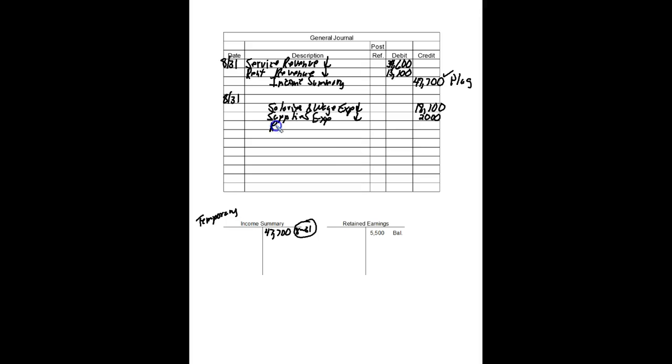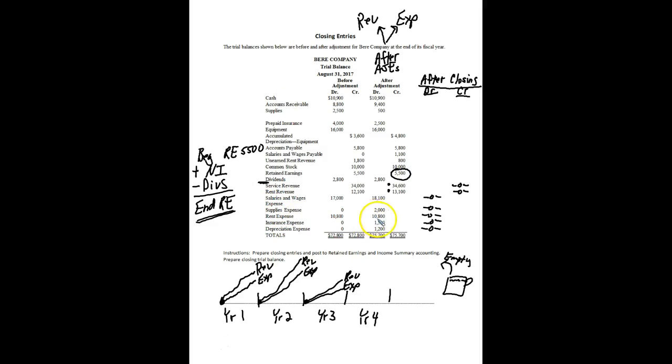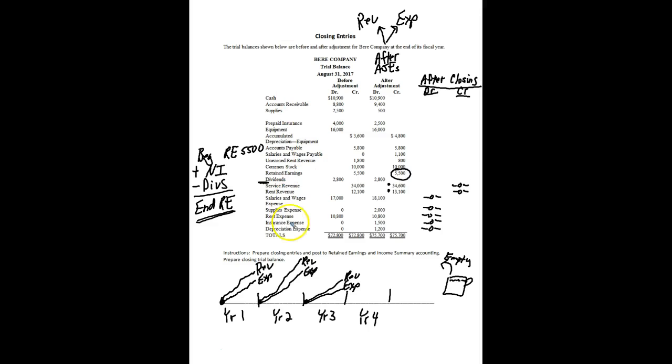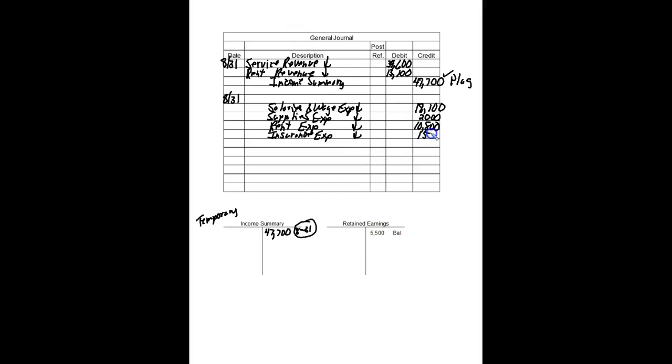The next one is rent expense, and I want to decrease it. Its balance is $10,800. The next one is insurance expense. Credits cause it to go down. Insurance expense, $1,500. And then the last one, depreciation expense.